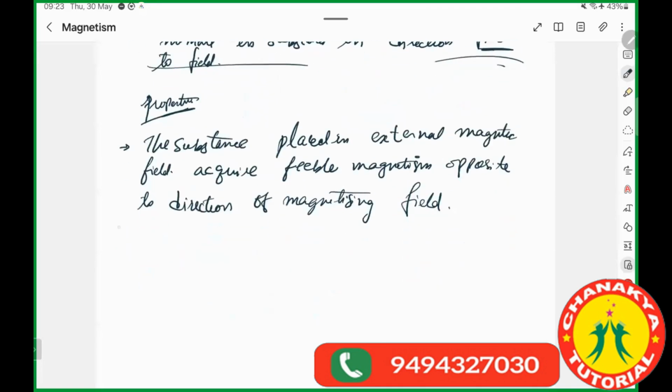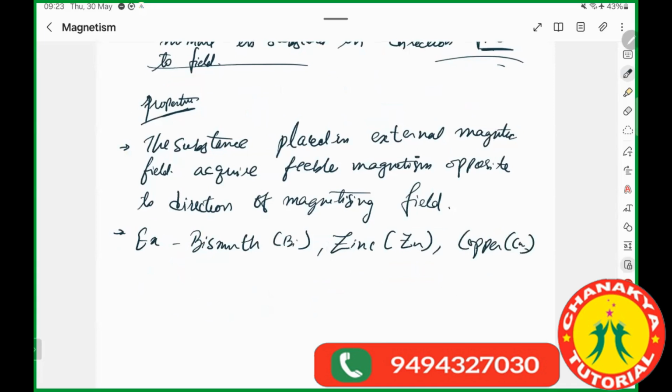These are diamagnetic substances. For example: bismuth, zinc, sodium, copper. Actually, copper is both dia and para. Copper comes in both.